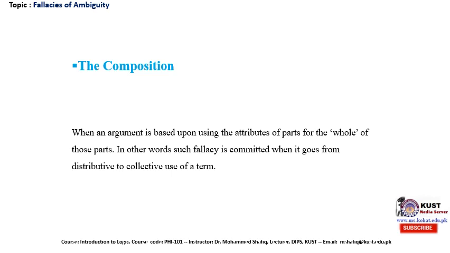How? It is a fallacy in which an inference is mistakenly drawn from the attributes of the parts of a whole to the attributes of the whole. In other words, this fallacy consists in going from distributive to collective use of a term.